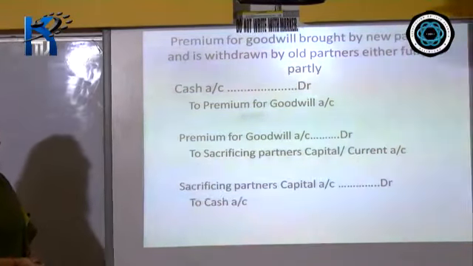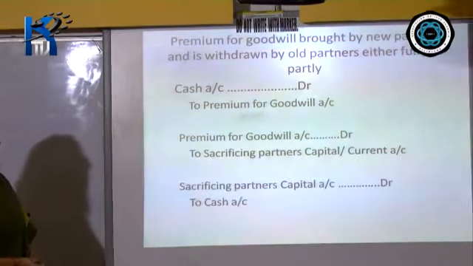So the next concept is when goodwill appears in the old balance sheet and the new partner brings premium in full or part. Now I told you, if it is in the old balance sheet, it means that it is in the question. Goodwill is given to you in the question.